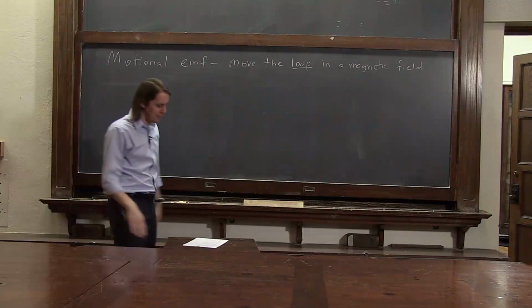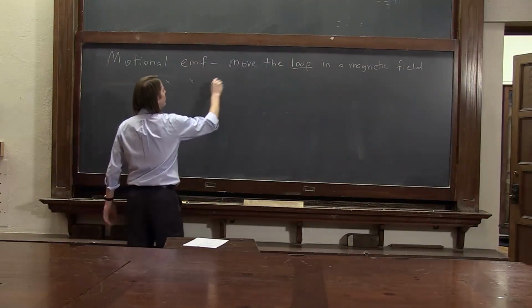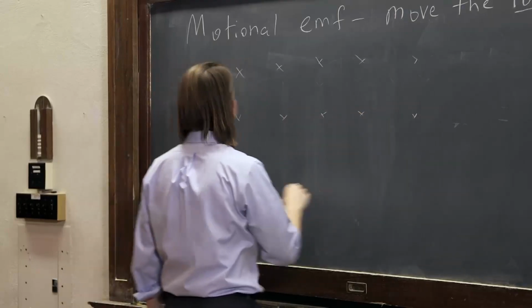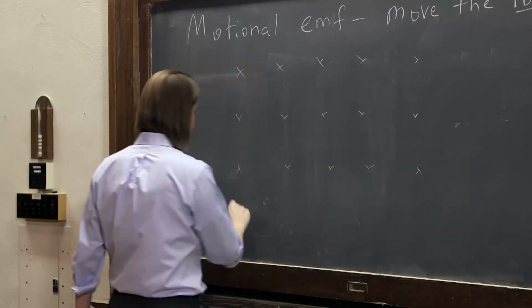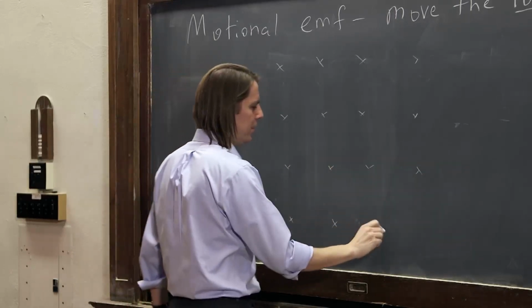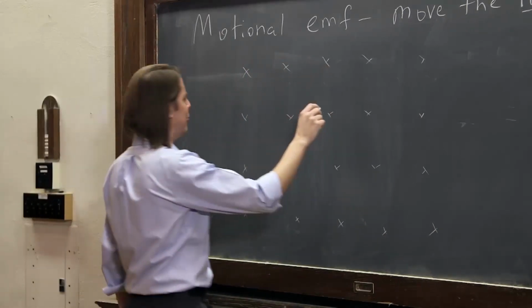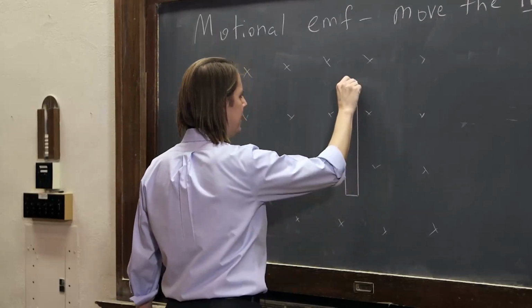Okay, now I remember. We got to do this. Magnetic field into the board. A uniform magnetic field. We're not going to change that. We could make the field non-uniform, but then we would have to do vector calculus. We don't want to do that. What we need is that bar like that.